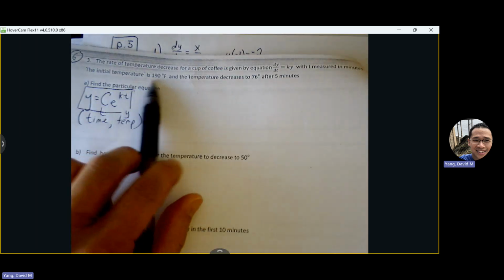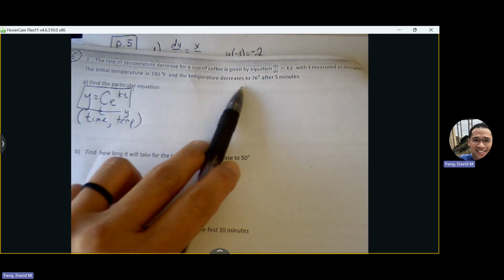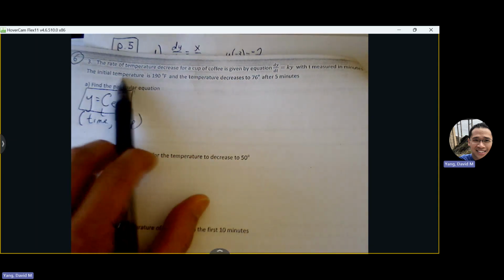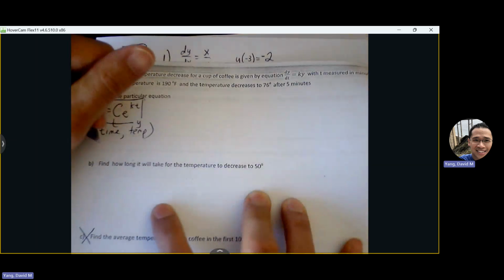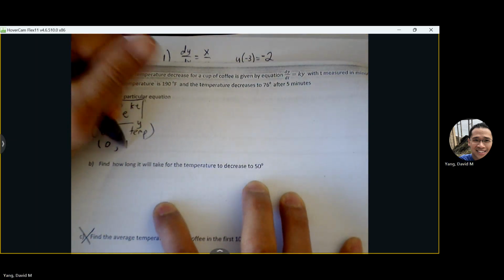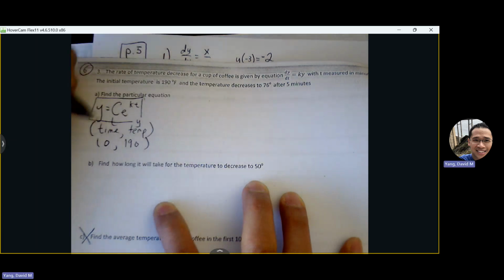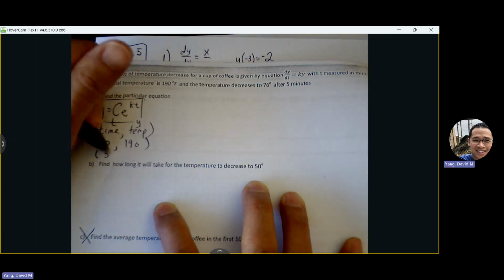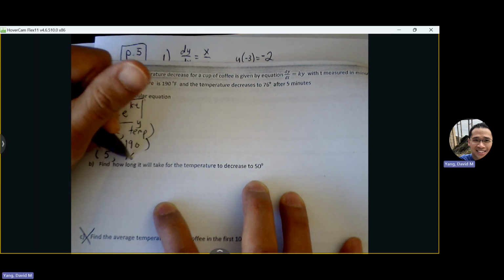So it says the initial temperature is 190 and temperature decreases to 76 degrees after 5 minutes. So anytime we see the word initial, that's the indication that you want to use 0. So at time 0, the temperature is 190 degrees. And then after 5 minutes, 76 degrees.